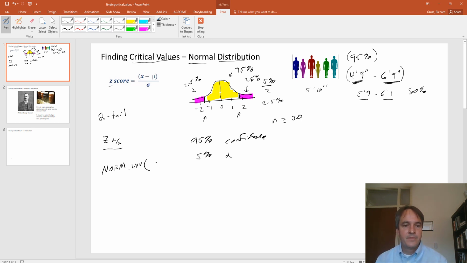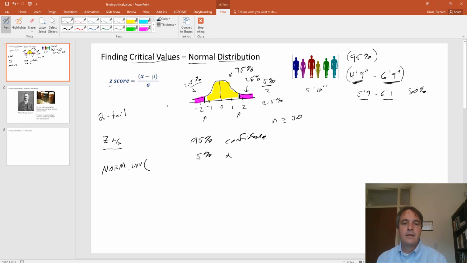This is going to take 3 parameters, and the first of these is going to be z of alpha over 2. So this is going to be this probability right here. We have to find 2 values, right? One on the left and one on the right.